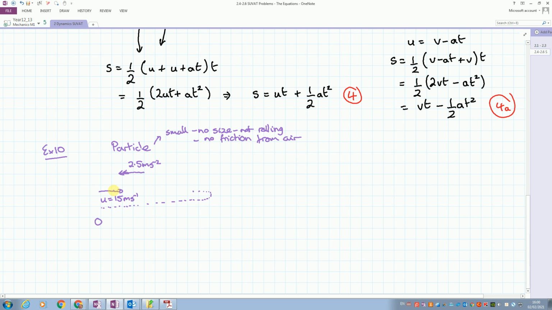If we didn't have constant acceleration, we wouldn't be able to solve this straight away with the equations. What this means is when we're coming back this way, v equals negative 15 meters per second at this point. We don't need to know that, but that's the implication under constant acceleration. Sometime later we come back to displacement zero at O, and we'd also like to know when else we come back through this equation.